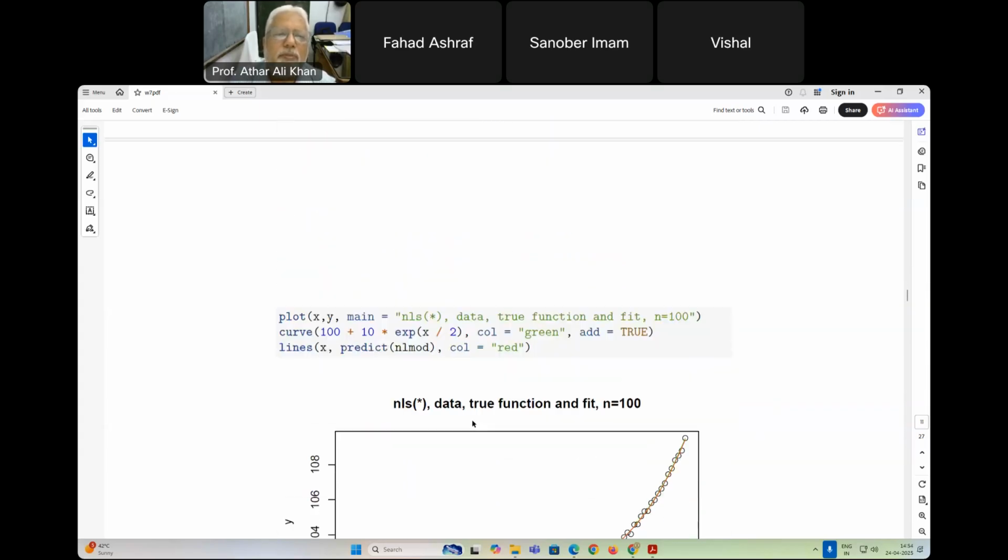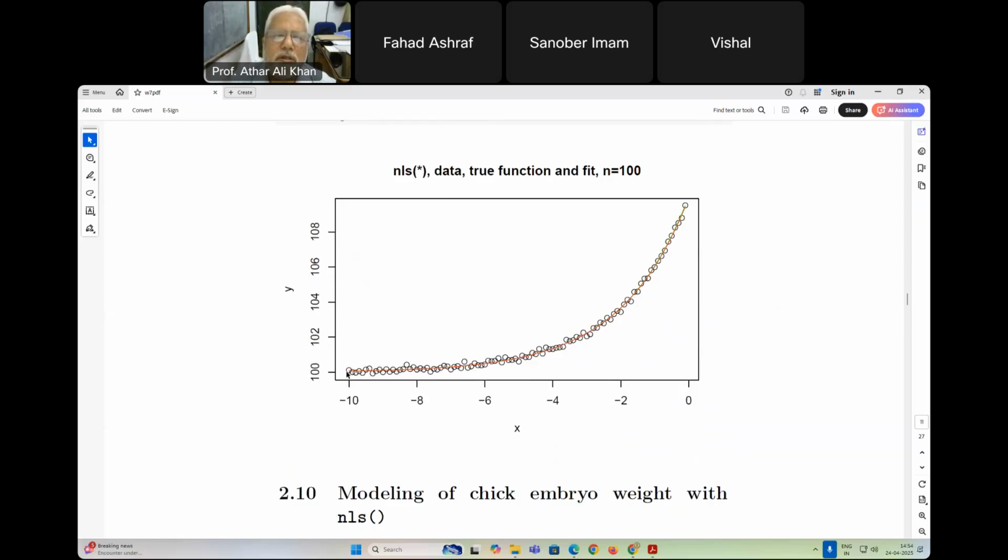And then we can plot this data: plot x, y, main equal to NLS data, true function, fit, curve, color equal to green, add equal to TRUE, lines, x, predict, NL mod, color equal to red. So these are the observed data, and this fitted line is the red line.